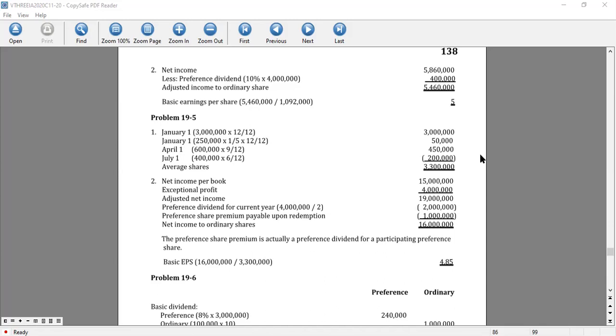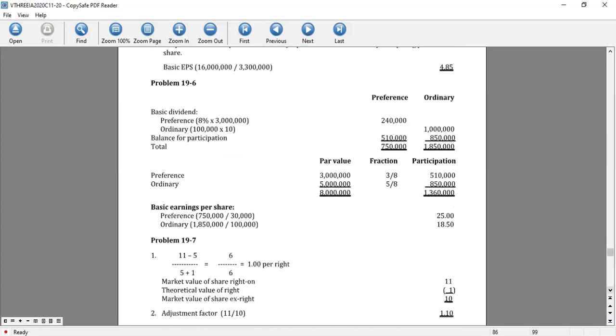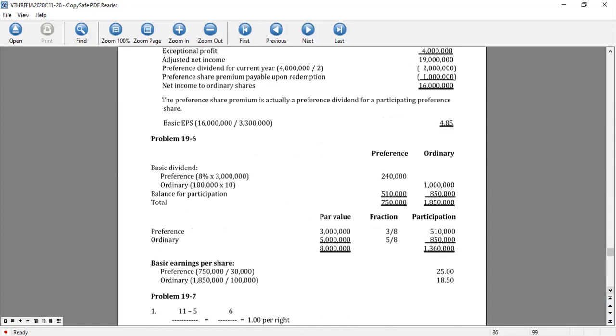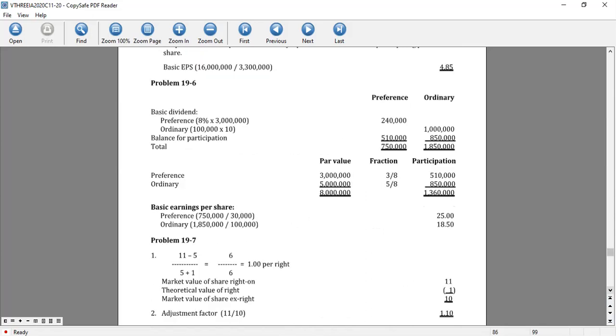So in problem 19-6, we now begin with the basic dividend. So we have the basic dividend as to be computed. The basic dividend of preference share at the rate of 8%.